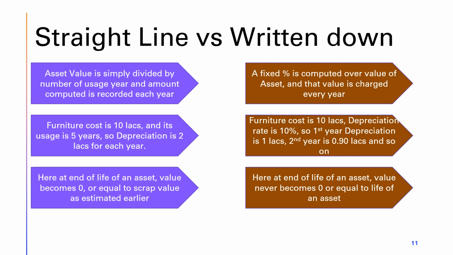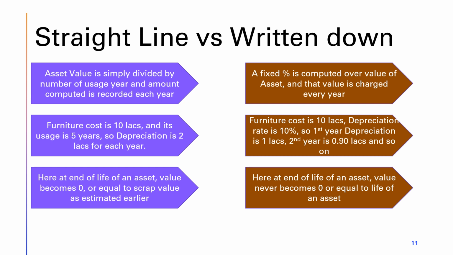Now similarly, if we check the other method, that is the written down value method, the cost of furniture remains the same, that is 1 lakh. Over here, the rate of depreciation, let us assume, will be 10%. So depreciation per year would be 10% of the asset value at the beginning. So in the first year, depreciation would be 0.10 lakhs and so on.